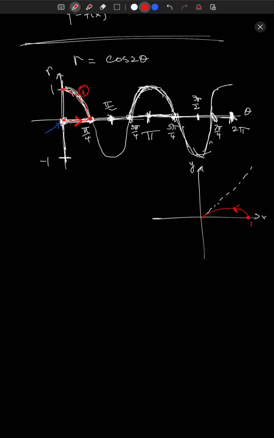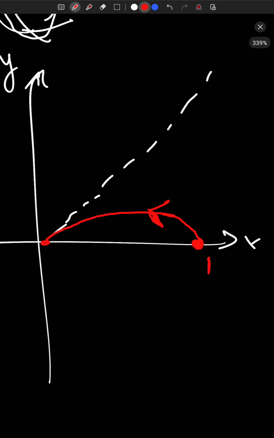Okay, so let me zoom in and show this. This here we said was 45, sorry, I'm using radians. This is pi over 4 radians. If I draw a couple more, this would represent an angle that's between 0 and pi over 4, and you can see my radius, the distance to the origin, is less than 1.